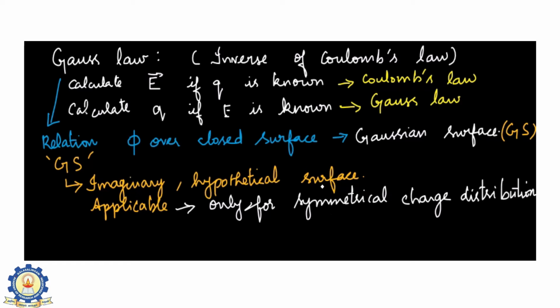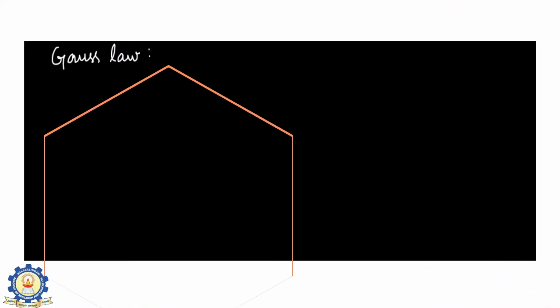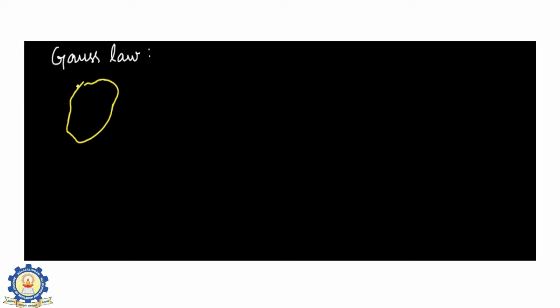Okay. So next we'll make an equation for Gauss law. So consider a surface. Let the surface be S. Inside the surface I am going to mark a small differential area ds.